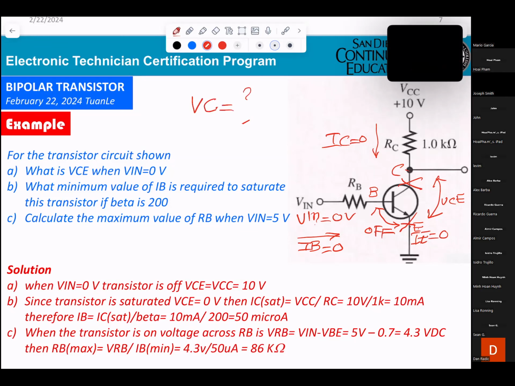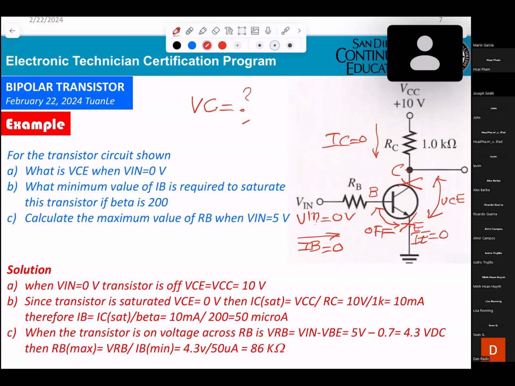Oh, I see what you're saying. What VC equals. That's from collector to ground. VC is VCC minus ICRC.